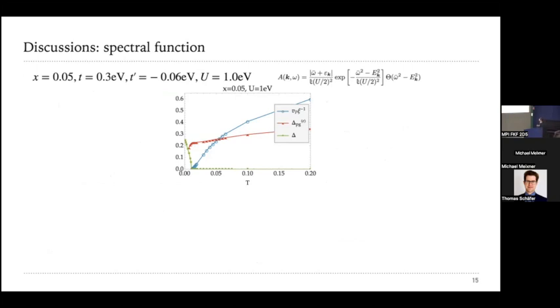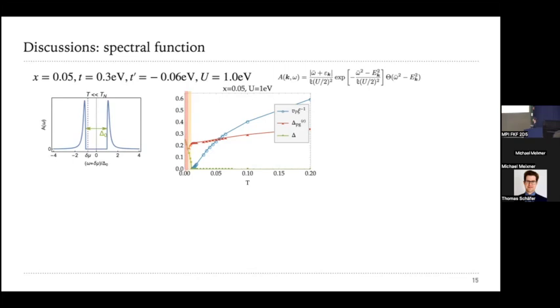And let me walk you through how the SDW order, the pseudogap energy, and the characteristic fermion energy evolve as temperature increases. So deep in the SDW ordered state, we can only see the SDW gap. The spectral function is peaked as in the mean field case.